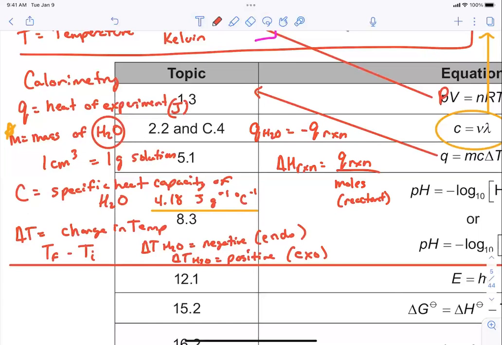Delta H of the reaction is equal to Q of the reaction divided by the moles of reactant. This is where the grams of NaOH that is in your problem comes into play, because you need to figure out how many moles of NaOH was actually giving off that amount of heat, and that's where that value goes. So you don't use the grams of NaOH in the problem for Q equals MC delta T. Use it for moles of reactant right here.